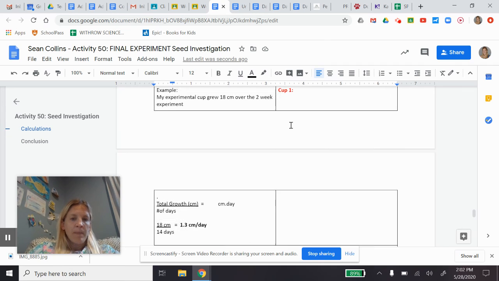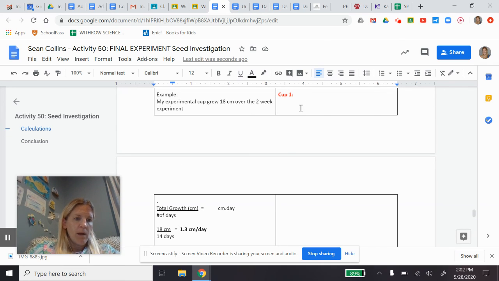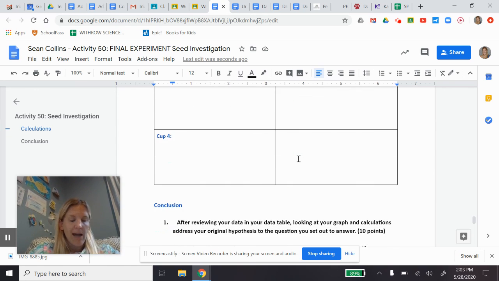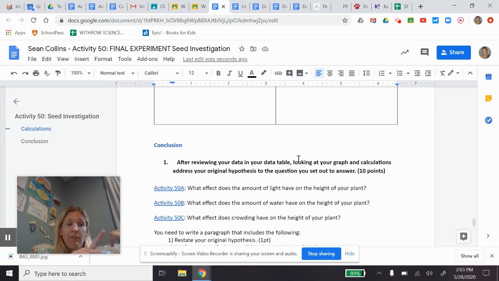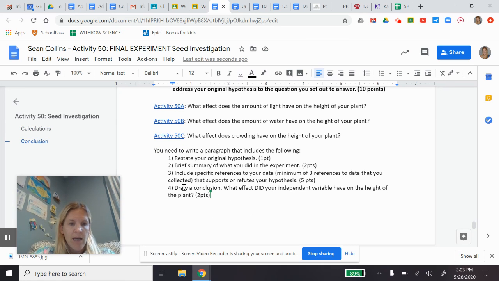So you can say, cup A or 1 averaged 1.3 centimeters a day, while cup B averaged 1.7 centimeters a day. You're actually needing to bring in 3 specific data points. So day 14 would be a great one to share. Your calculations is a great one to share, maybe even like a midpoint in there. So that's your evidence.